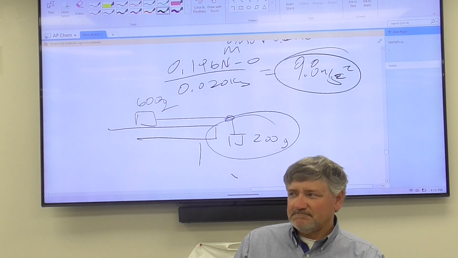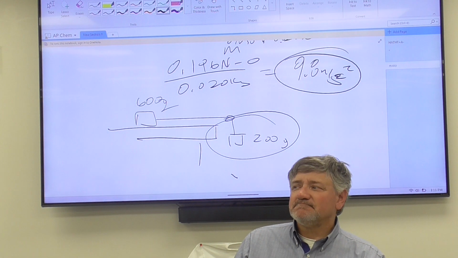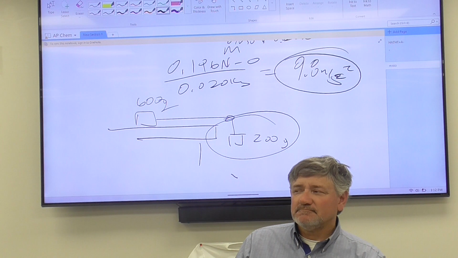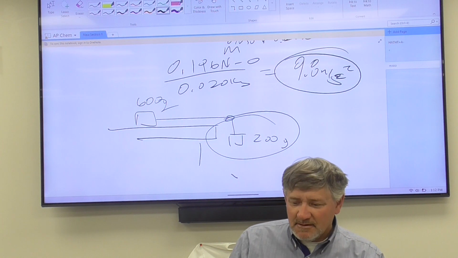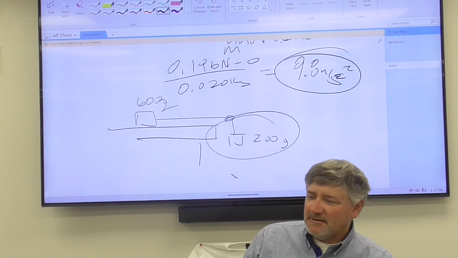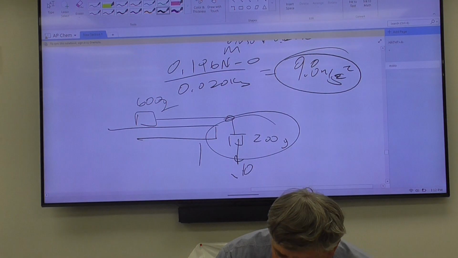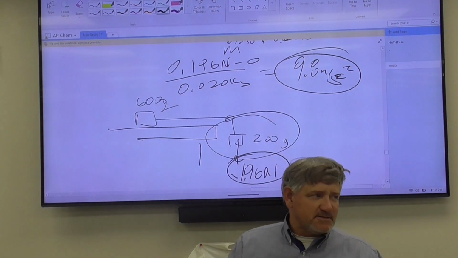I did 0.2 kilograms times the acceleration of gravity, so 9.8 meters per second squared. Beautiful. And what did you get? 1.96 newtons. Beautiful. So gravity is pulling down on that with 1.96 newtons.